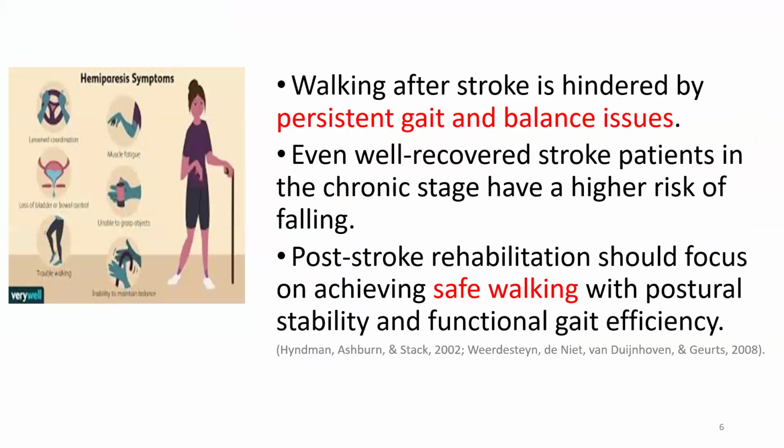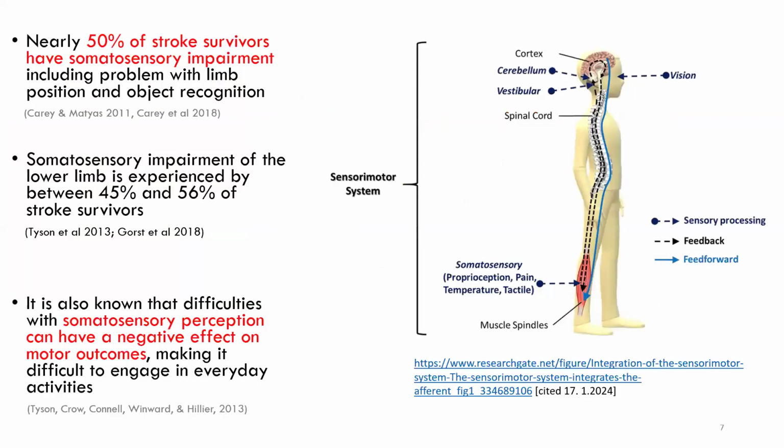Even patients at the chronic stage tend to have a higher risk of falls. So post-stroke rehabilitation should be tailored towards safe ambulation in this group of individuals, so that as much as possible we improve their posture and stability, and enhance their gait patterns.